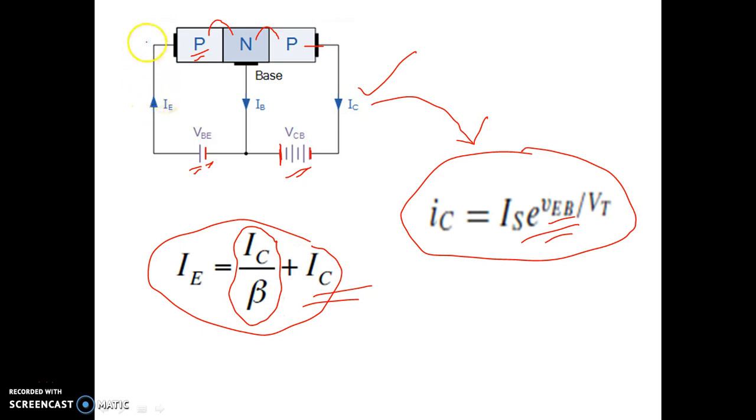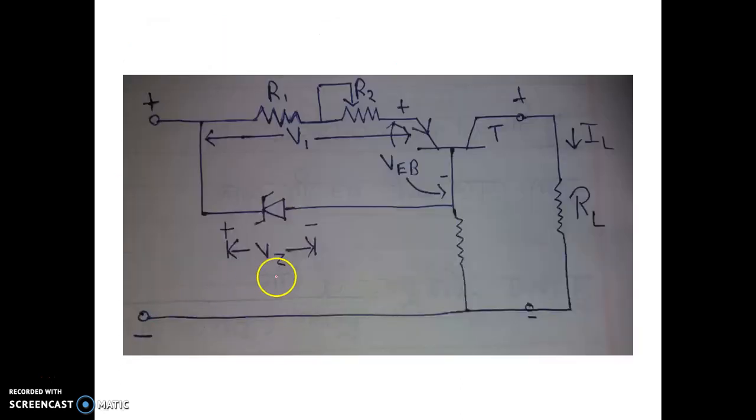Now, with the three basic pieces of information, we are ready to analyze the circuit which can regulate the current. Let us check. This is the circuit which can regulate the current. This is the load resistor RL, through which IL current is flowing.